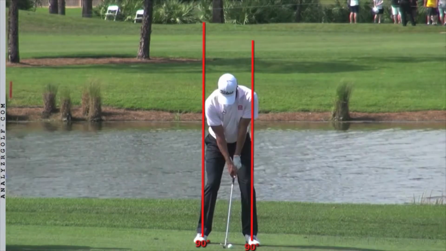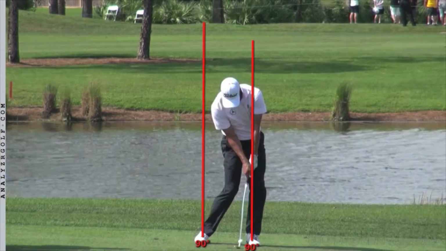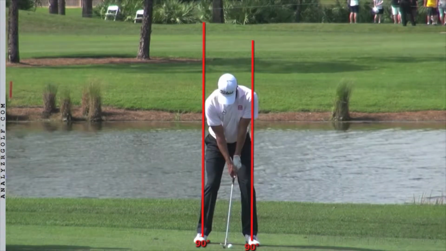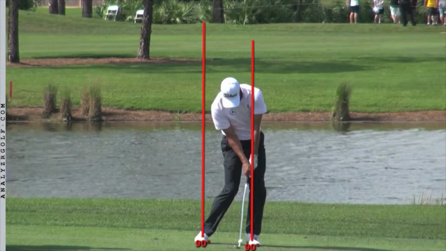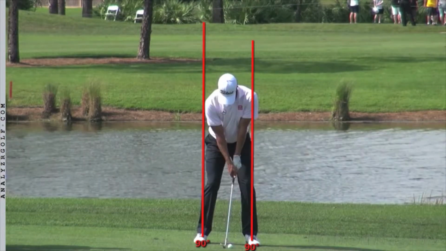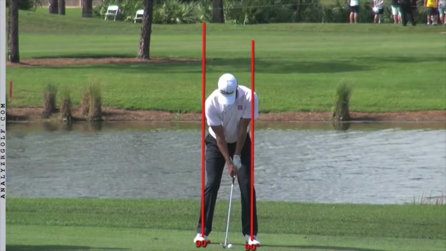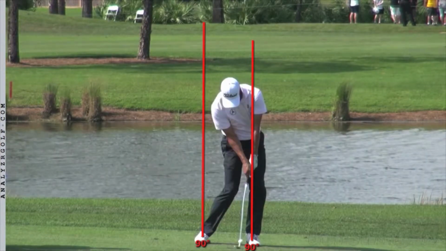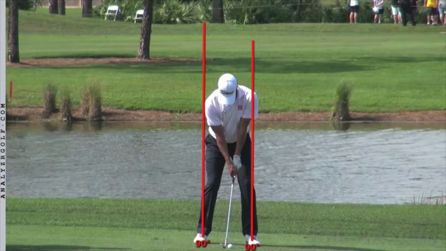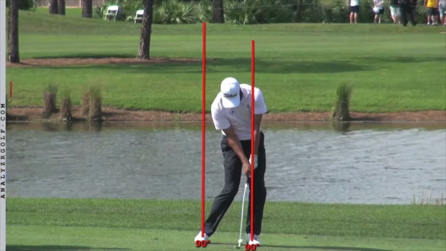You can watch that right knee driving into the left side. Watch how far his right hip moves away from the back red line. He's really driving his lower body to the left at impact. Also, his hands are going to be much more forward so that he has shaft lean. This allows him to hit the ball first.